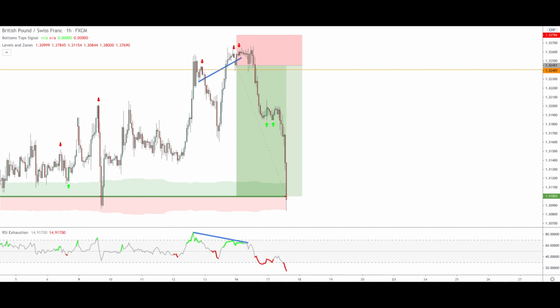But what we cannot predict is how it will go there and how long it will take. Okay, so as you can see in this trade, the trade started quite smoothly, then it accelerated, then it had a slowdown here, and then it just dropped and accelerated again towards the end.